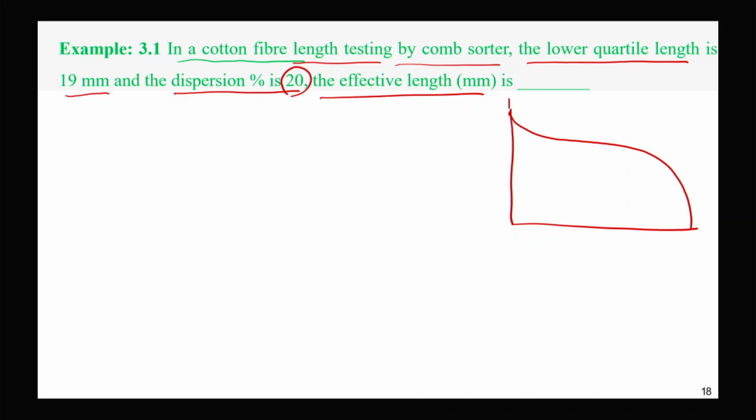Now this is upper quartile length, here it will be lower quartile length. Upper quartile length means effective length, and lower quartile length is 19 millimeter.